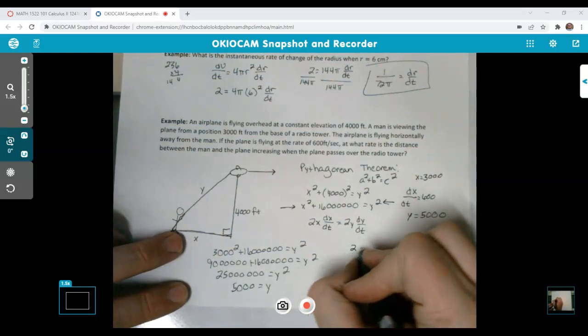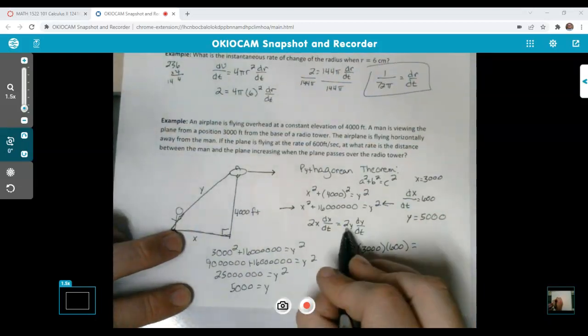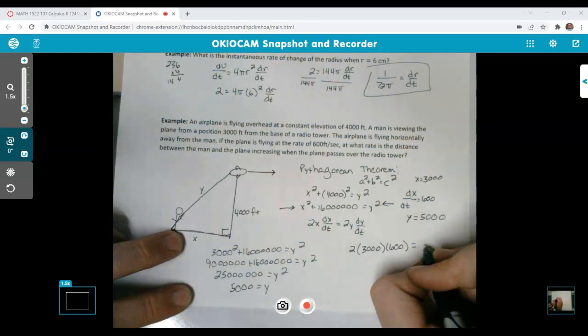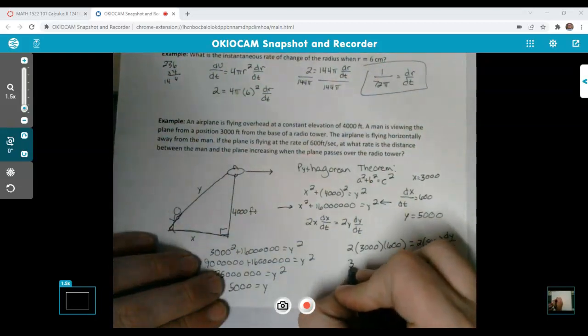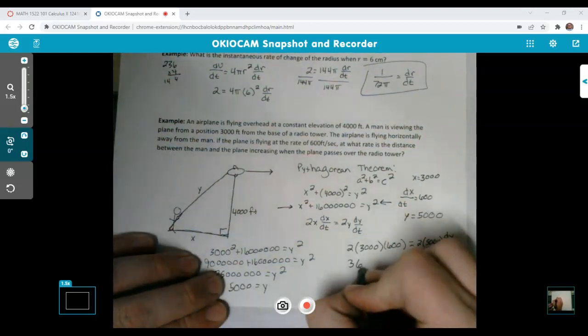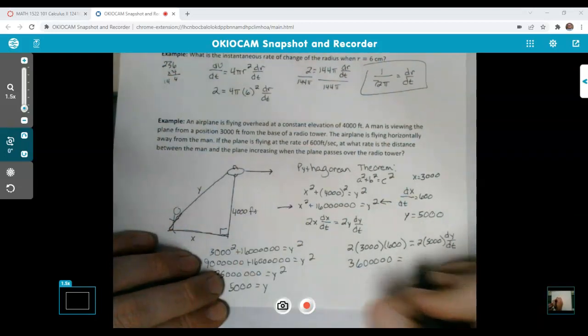So that's 2 times x, which is 3,000, times dx/dt, which is 600, is equal to 2 times y, so 2 times 5,000, times dy/dt. 2 times 3,000 times 600 is, I hate reading numbers out loud, 3,600,000, I believe is correct, equals 2 times 5,000 is 10,000.